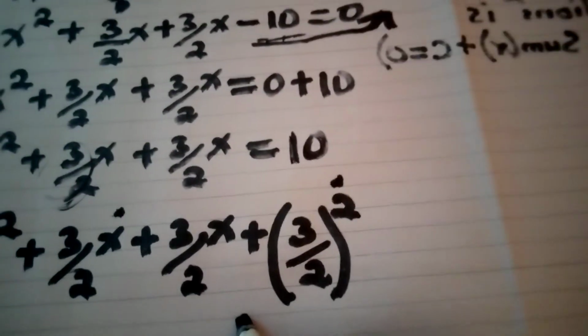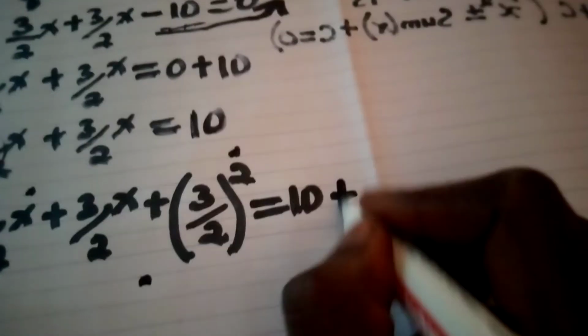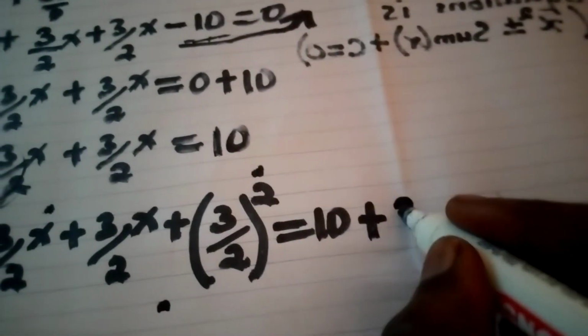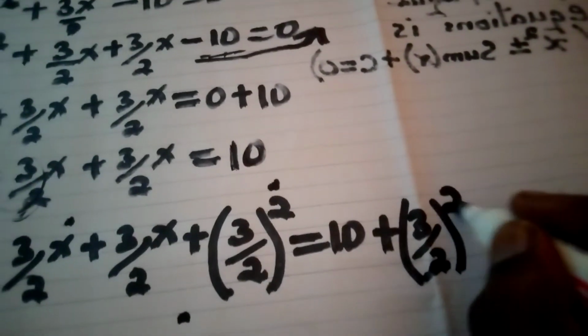We are adding the square of half of the sum on both sides of the equation. So this is the left hand side we have already had, it should give us 10 plus the square of half of the sum, which is 3 out of 2 squared.